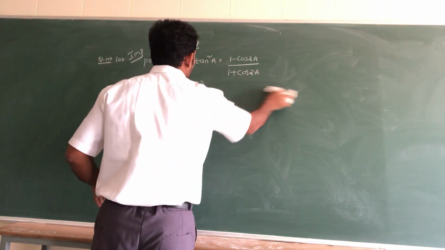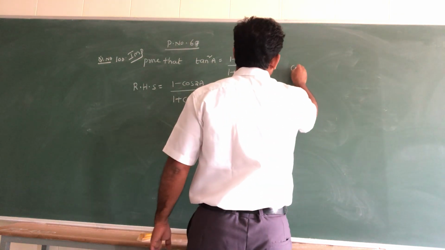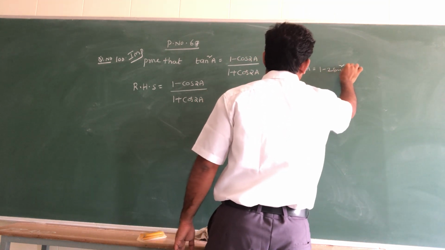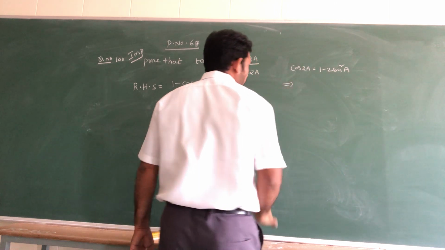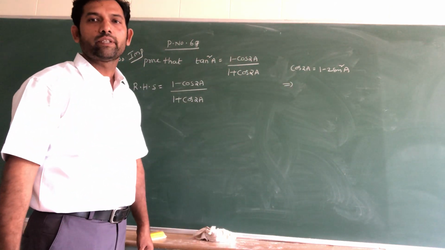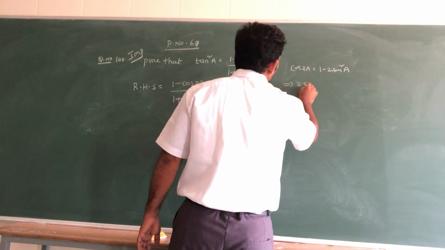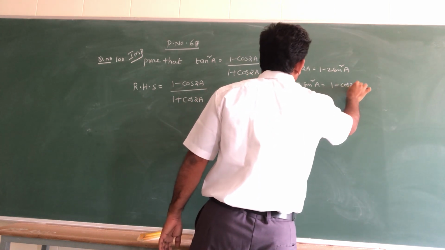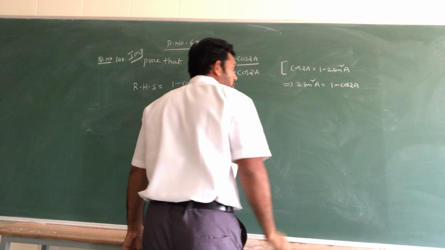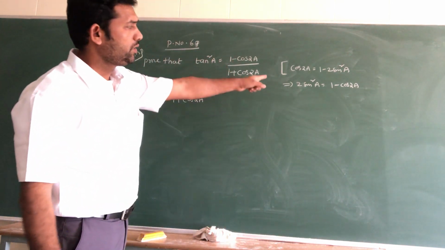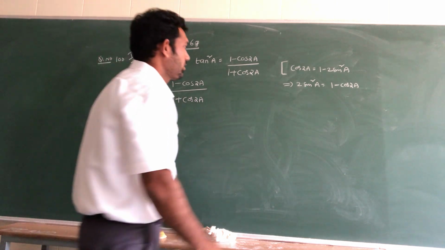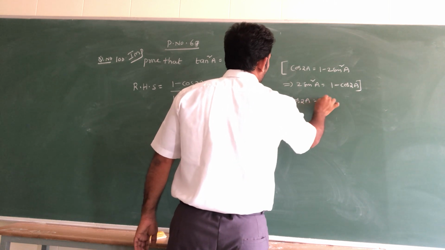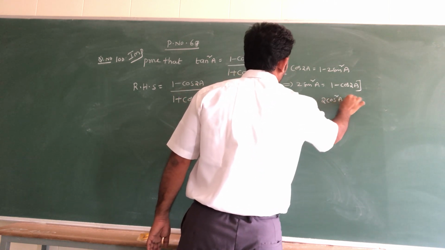We can make it simpler. cos 2a is equal to 1 minus 2 sine square a. From this formula I am writing 2 sine square a, which is 1 minus cos 2a. So this is one formula. Similarly, cos 2a is equal to another formula, 2 cos square a minus 1.